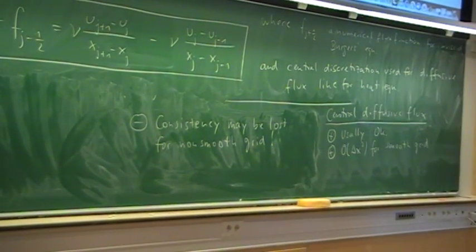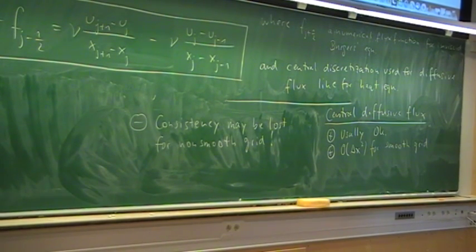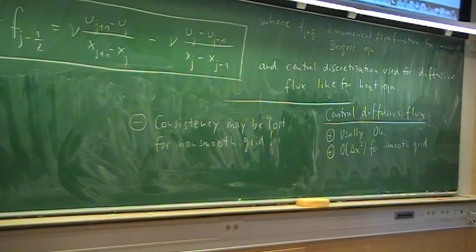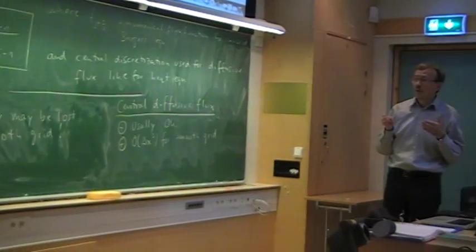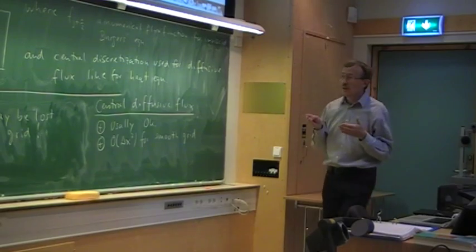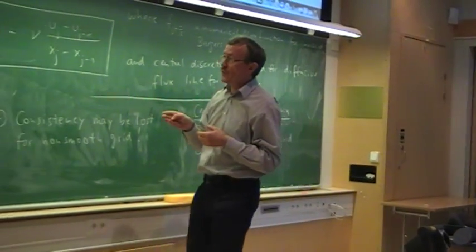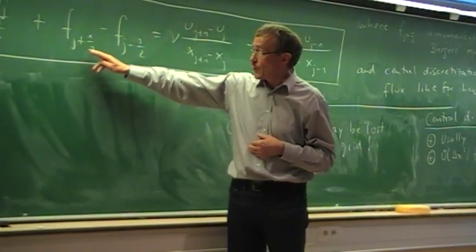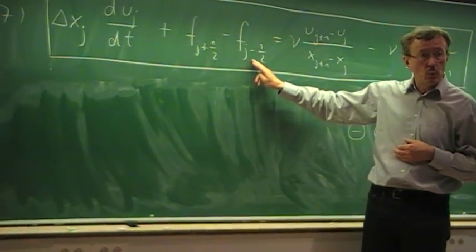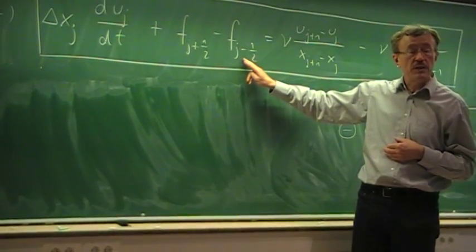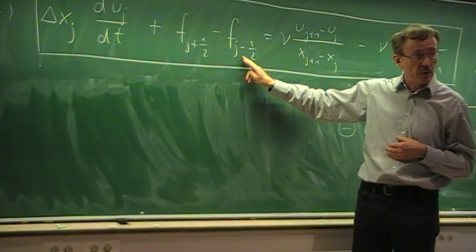Okay, so then we have an overview. What we have now discussed, and that was the focus, was how to discretize these fluxes for the 1D hyperbolic conservation law. The ones that we found useful were the TVD ones, the total variation diminishing ones.